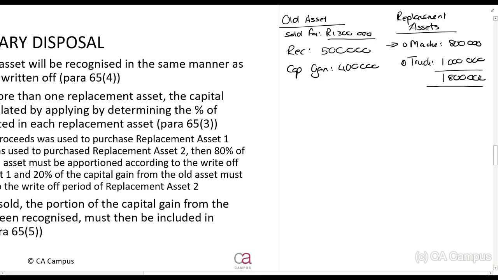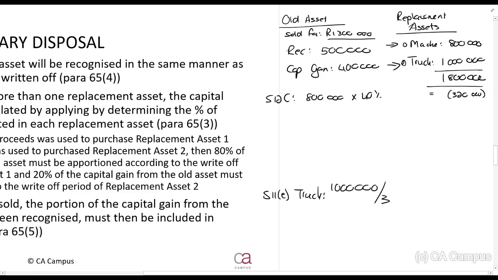For the new machine, I will claim section 12C, 800,000 times 40%. Right? And then for the truck, section 11E, I'm thumb sucking it. Let's say it's 1 million rands divided by 3 years times 5 over 12.